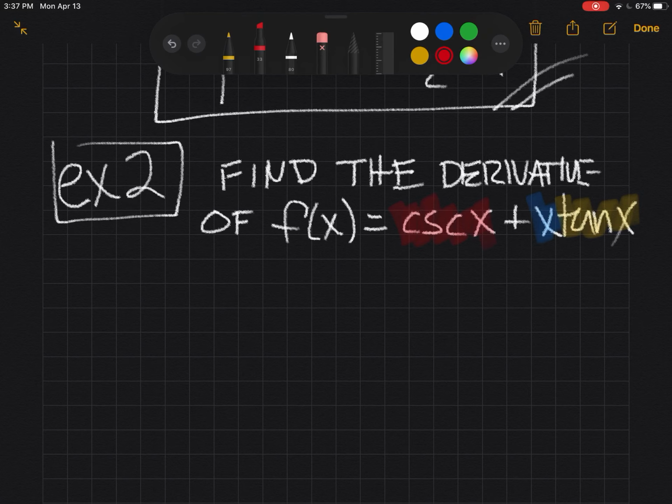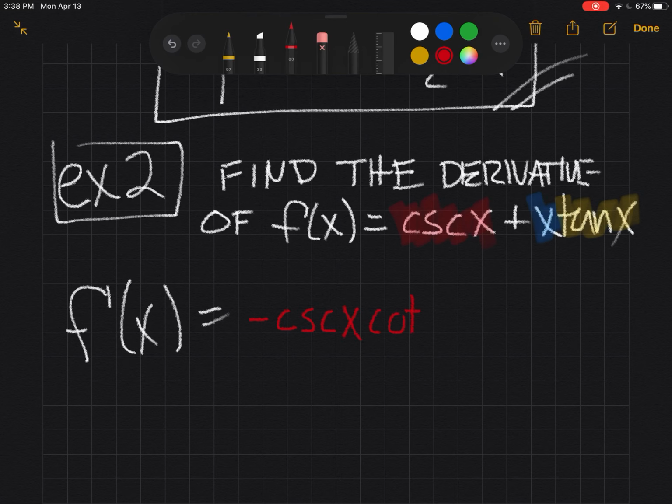So we're going to have to use the product rule here because I've got the product of x and tangent of x. Here we're just going to have to remember what the derivative of the cosecant of x is. So make sure you've got your theorem 3.9 handy and that you're working on memorizing those, okay? Because I really promise you it's worth your time.